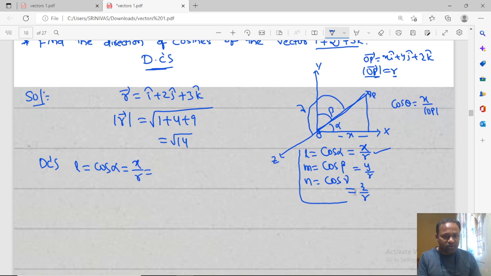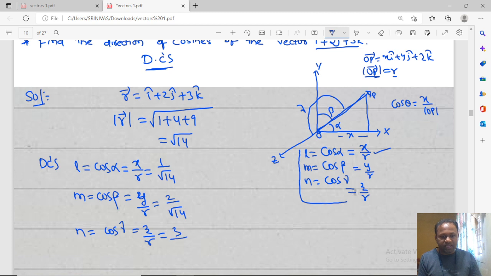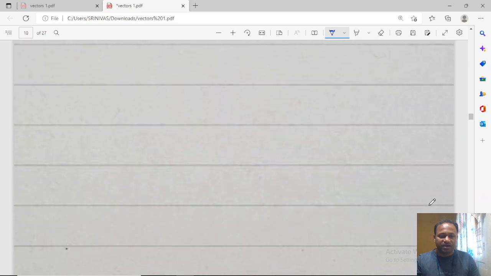X is nothing but the i coefficient, so 1 by root 14. M is equal to cos beta, that means the j coefficient, y by r, so 2 by root 14. And n is equal to cos gamma, that is z by r, 3 by root 14. So these are the direction cosines of the given vector.